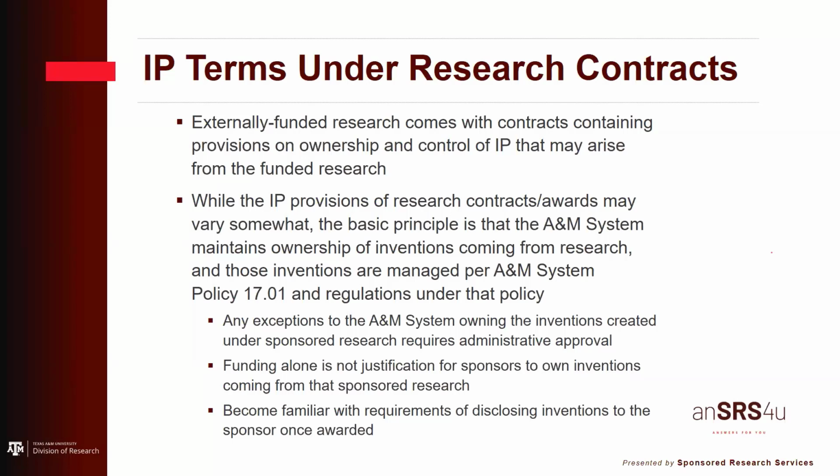So there can be exceptions, but any exceptions are going to have to be approved on a case-by-case basis by administration. I'd say it's more rare for us to say that intellectual property is not owned by the system if it's created here.